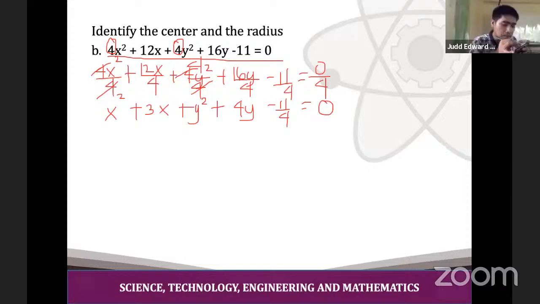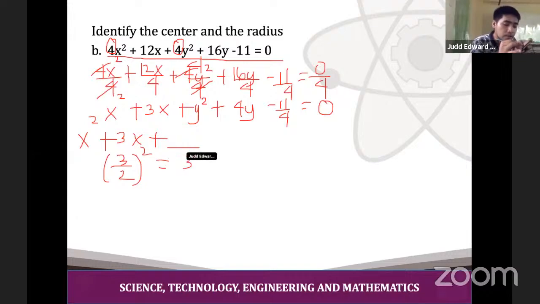Okay. Now, complete the square. We will be having x squared plus 3x plus. Okay, how do we complete the square of this one? We will be having 3 over 2 squared. Therefore, this becomes 3 over 2 squared. And that is also equal to 3 squared over 2 squared.